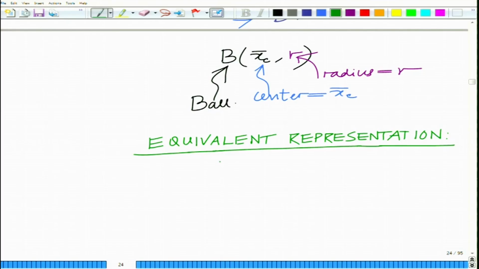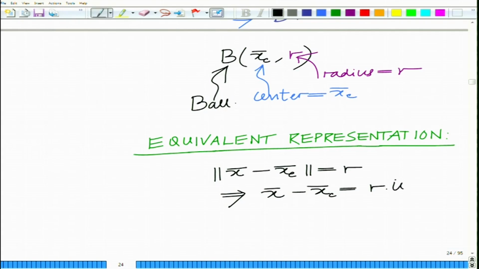That would be, remember, norm of x bar minus xc bar equal to r, and this implies you can write this as x bar minus xc bar is r times some vector u bar, correct, where norm of u bar is less than or equal to 1.